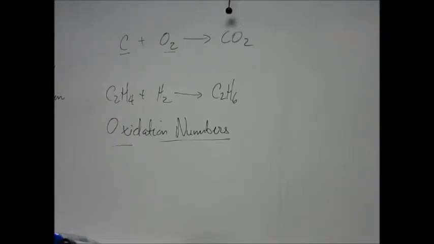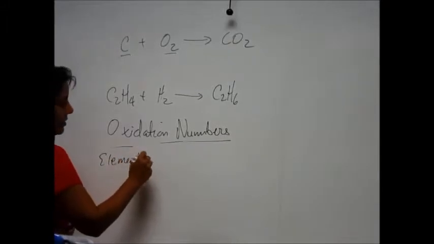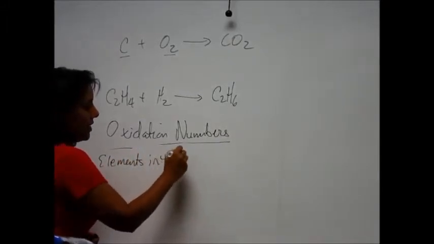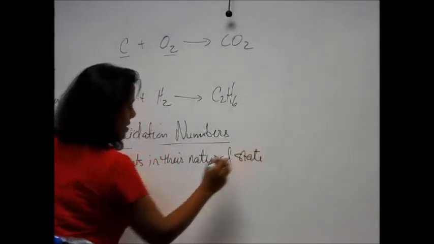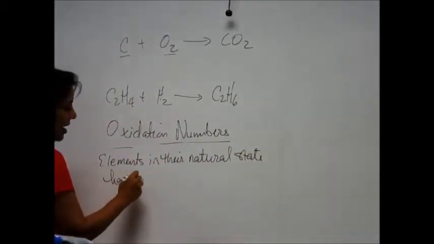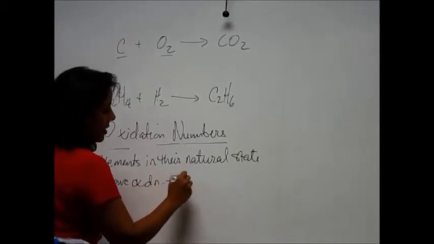All right, first rule of oxidation numbers is that elements in their natural state have oxidation number 0.